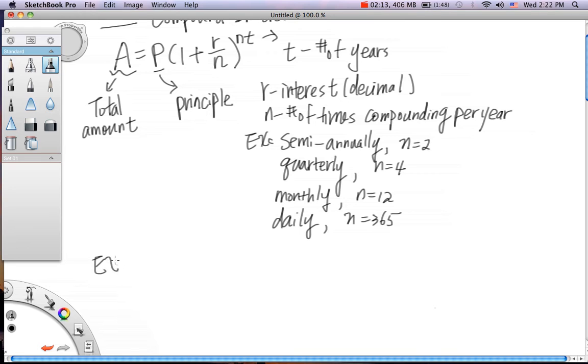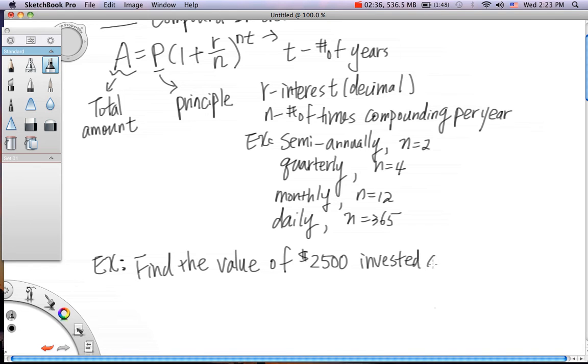So let's do an example where you are asked to find the value of $2,500 invested at 7.5% for 5 years, compounded monthly.